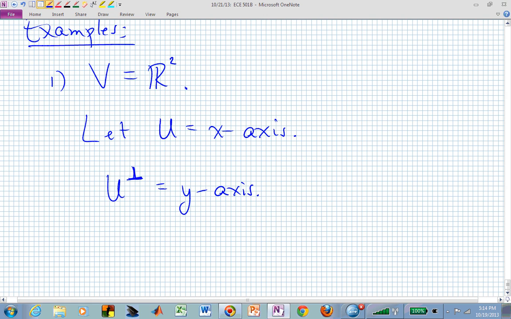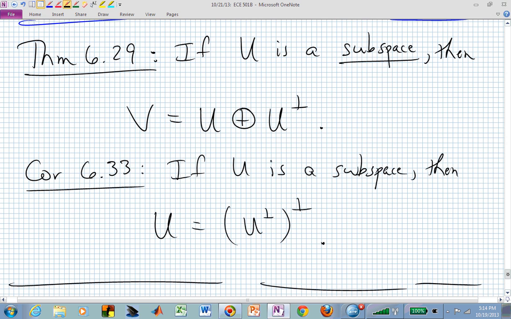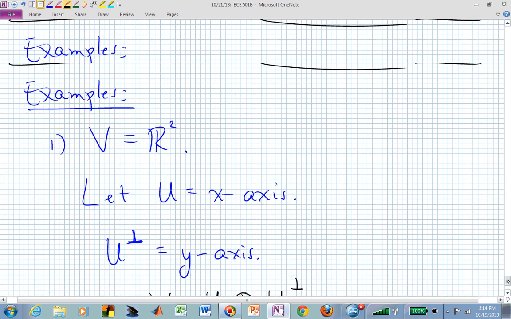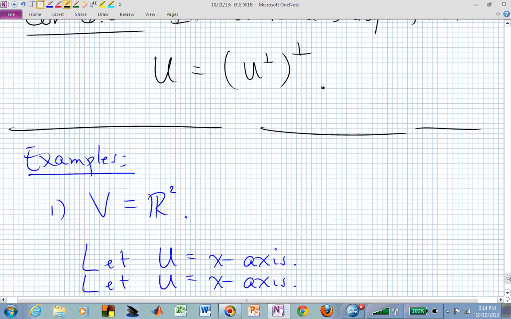And what can we conclude from that? Well, we can conclude the earlier theorem, theorem 629, and corollary 633, meaning if we start with the x-axis, then the direct sum decomposition of the x-axis with the y-axis, or U perp, gets us all of R2. And that's what theorem 629 stated.